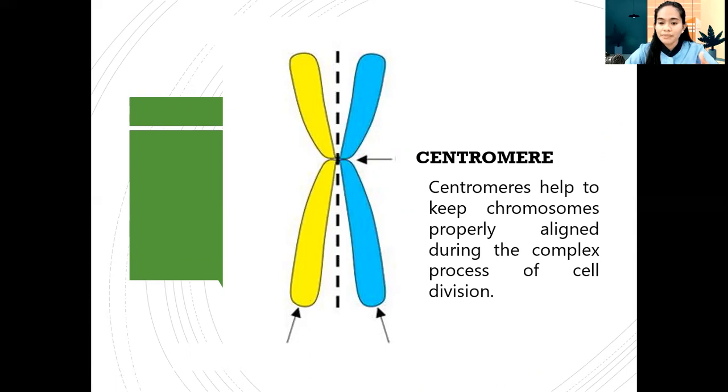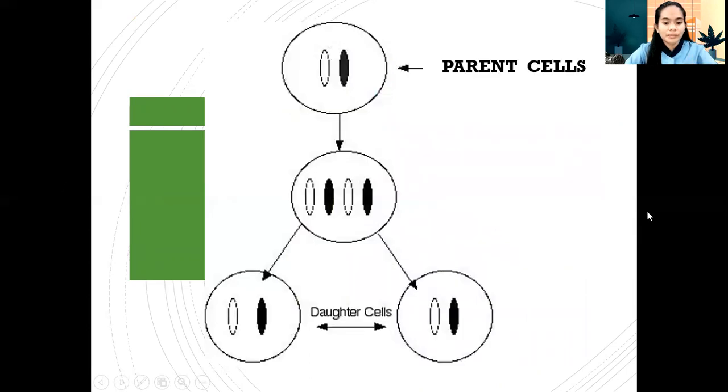Okay, understood? So that's centromere. We also have here a common representation of our cell cycle, wherein we have taught that the cell cycle starts with the parent cell. So this is actually the parent cell. And then this is where the replication of the different parts, or the different organelles in the cell, happens.